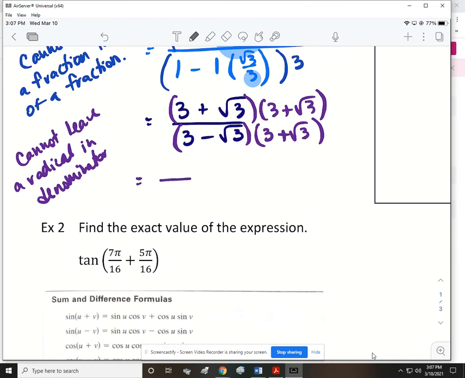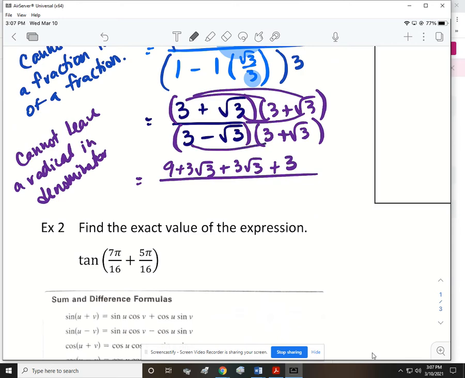So in our numerator, we're going to need to distribute the 3 and then distribute the square root of 3. Now, when we multiply square root of 3 times the square root of 3, it's the square root of 9, or just 3. And then in the denominator, we can do a shortcut multiplication and just do 3 times 3 and negative square root of 3 times the square root of 3, which would be minus 3.